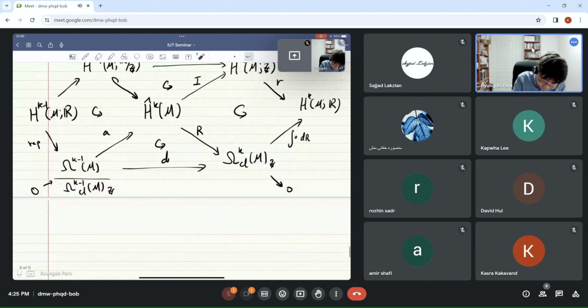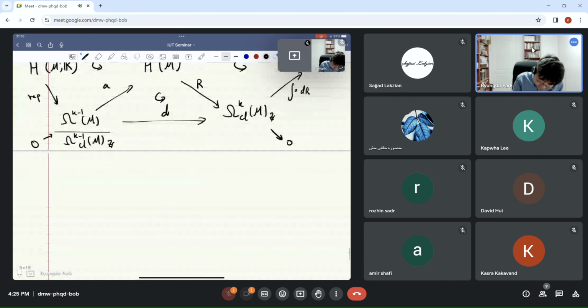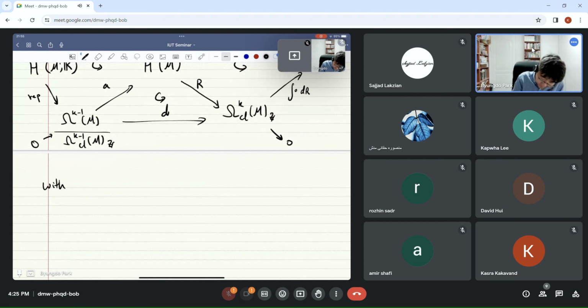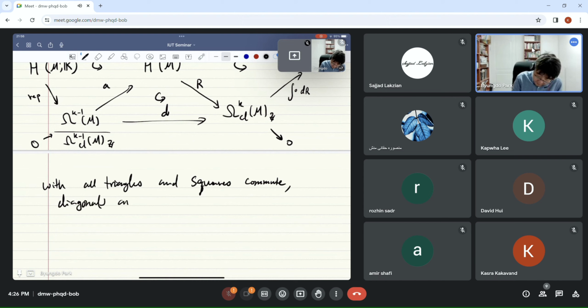So I'm going to write it down. Squares commute, diagonals are short exact sequences, and the upper and lower sequences are long exact sequences.